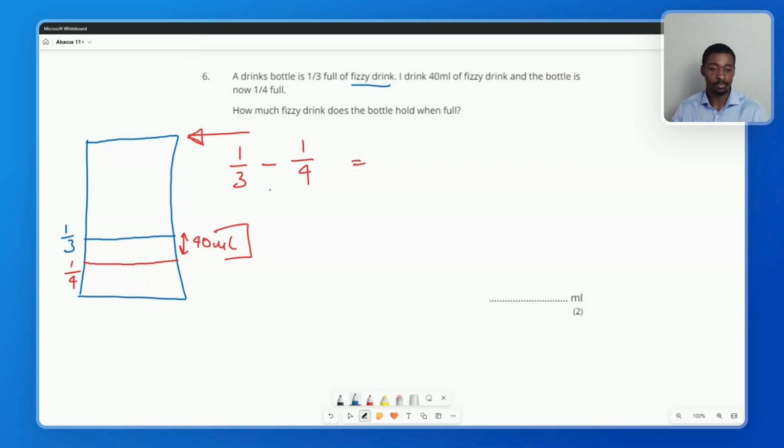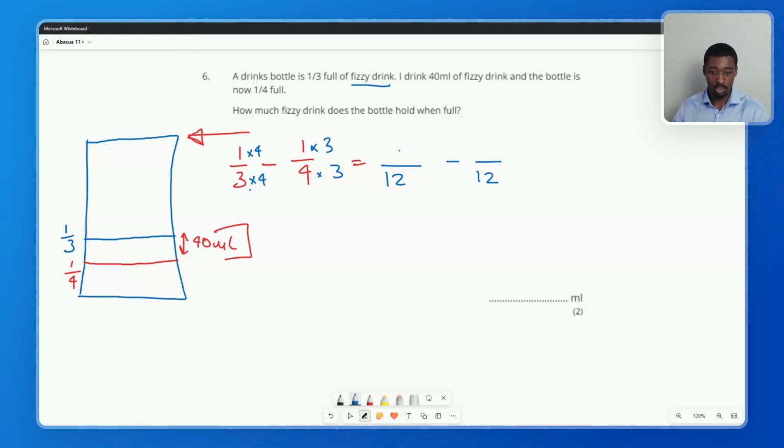And we do that by multiplying both the numerator and denominator of a third by 4. So 3 times 4, 1 times 4, both numerator and denominator. And then also, to get this common denominator of 12, we take a quarter and we multiply both the numerator and the denominator by 3.